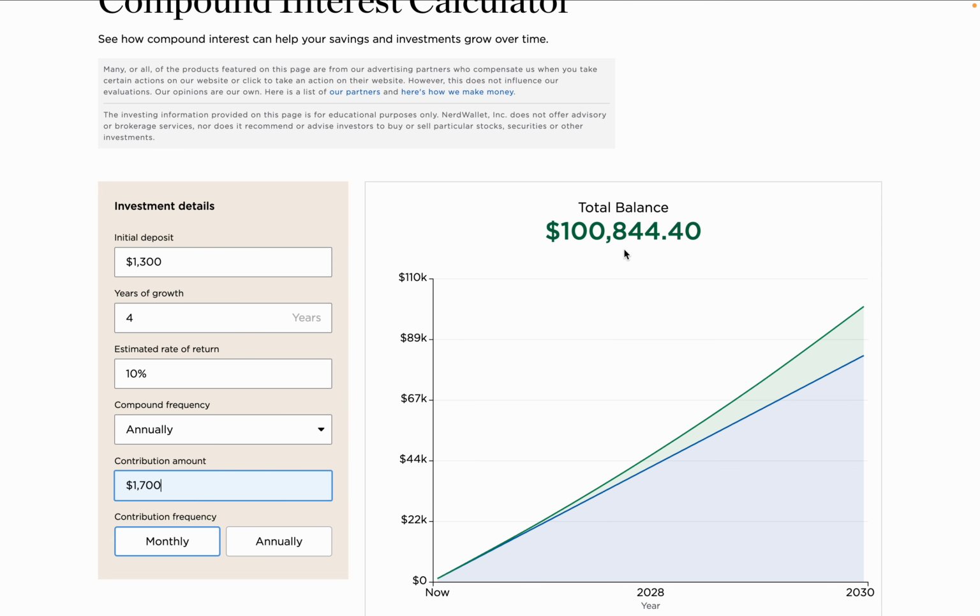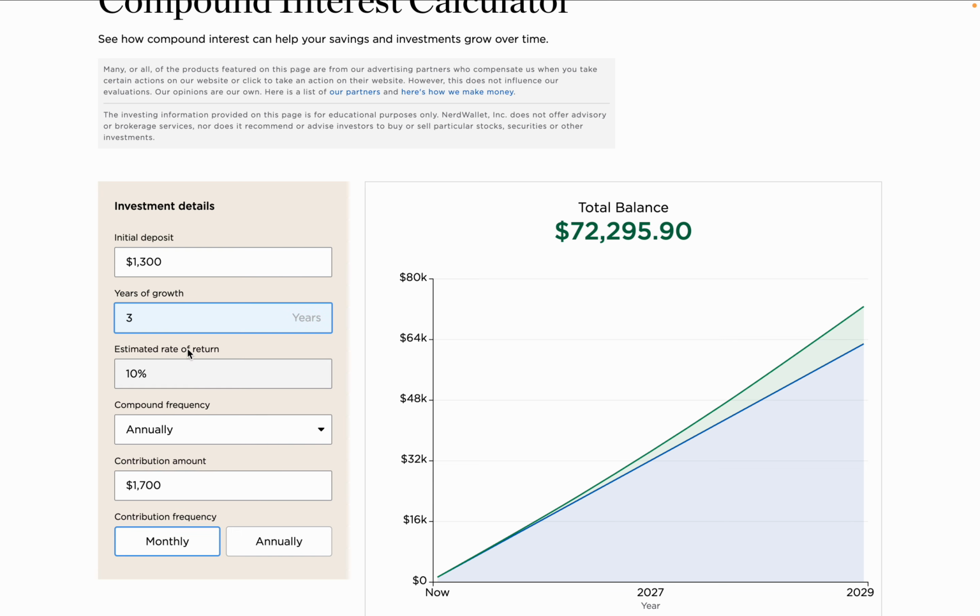Now let's look at the most aggressive example. Again, we will keep the initial deposit at $1,300, and now we change the years of growth to 3 years. We'll keep the rate of return at 10%, compounding frequency annually. Now take a guess. This is a big number.